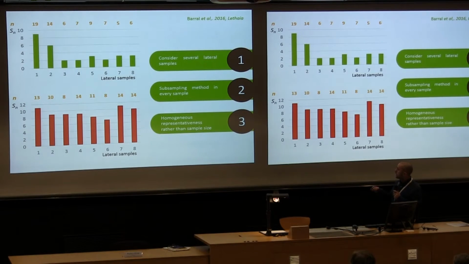So here you can see two figures representing the results obtained for the two beds. Vertical bars represent the richness we obtained for every lateral sample, so 90% of the richness for each sample, and the numbers in orange represent the number of replicates that were needed to attain this percentage of recorded richness.